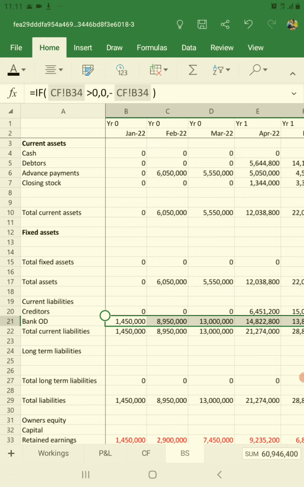There are times when your projected inflows become less than projected outflows, and you need a bank overdraft to support that short-term liquidity. Capital injection and loans are for the long-term coverage of cash shortfall requirements, but for the short-term period, you need bank overdraft injection.